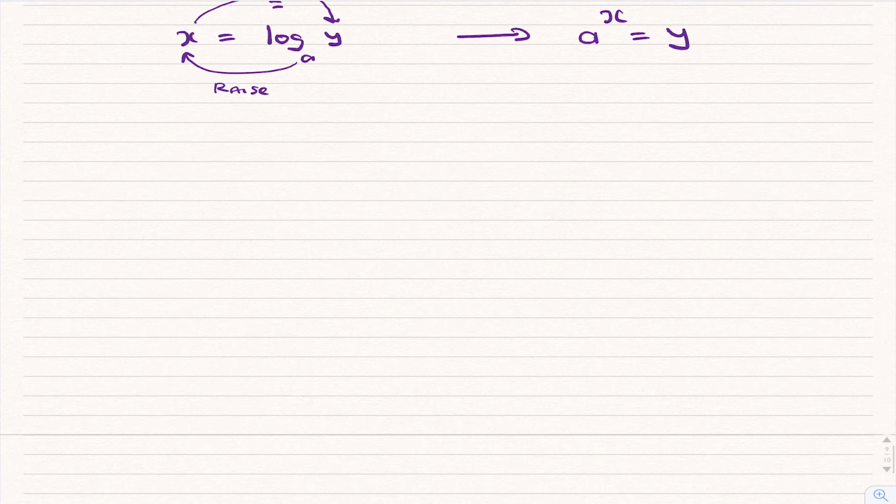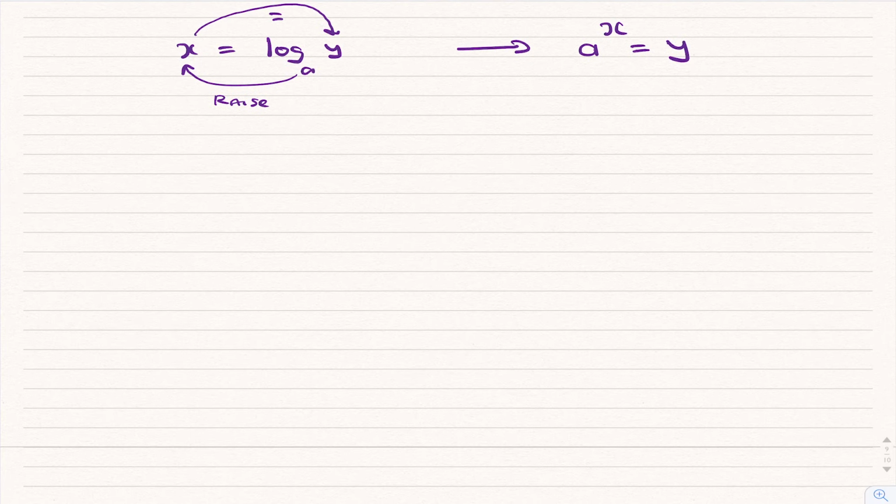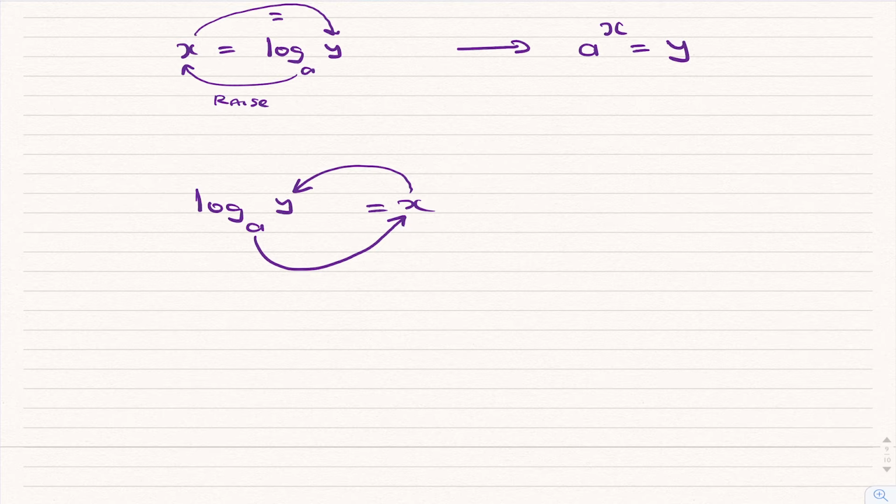Let me write it out again. So if I write log a y equals x, all I need to do now is raise a to the power of x, and the answer will be equal to the level. It will be equal to level.